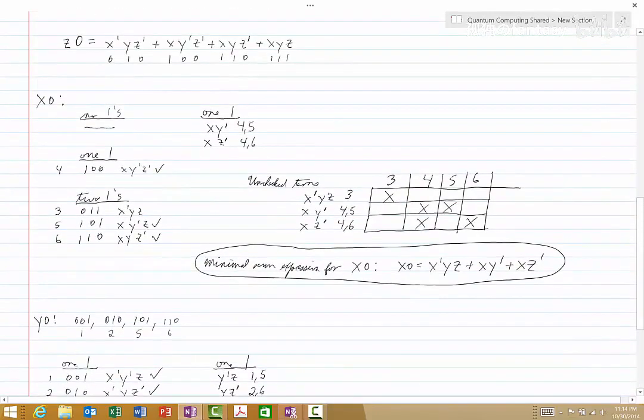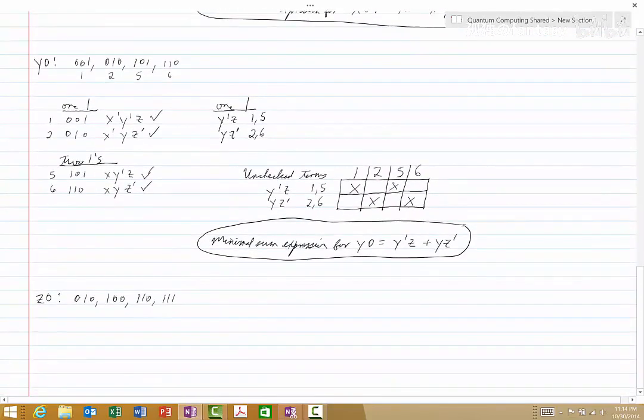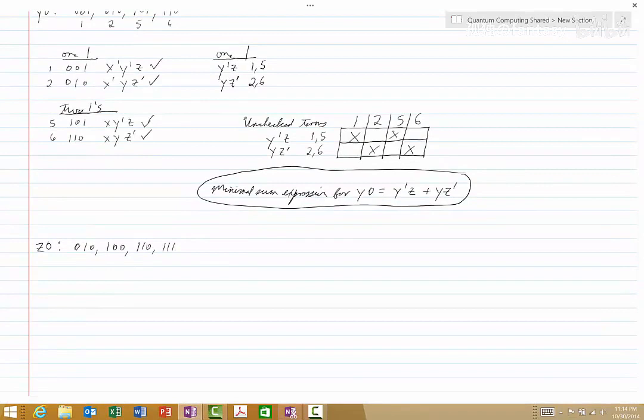Just to check, yes. Okay. So now, again, there are no terms with no ones, so we start with one 1. Oh, and by the way, let's go ahead and put the decimals down here. This is 2, 4, 6, 7.